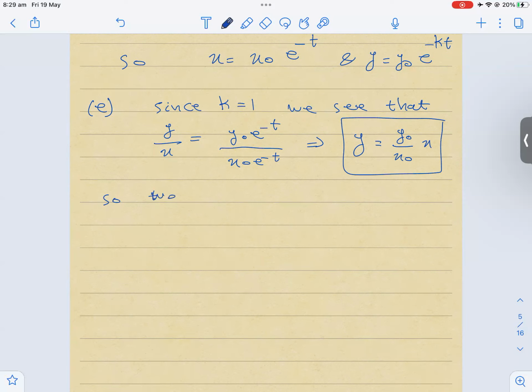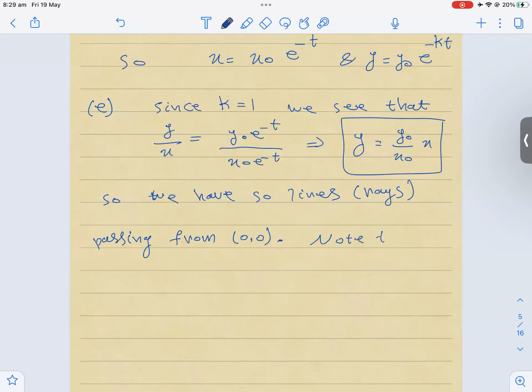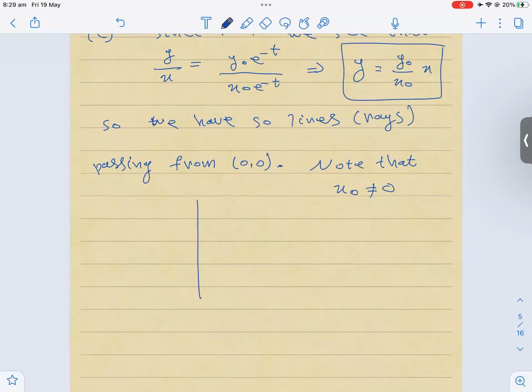So we have some lines or rays passing through 0, 0. Note that x0 is non-zero.